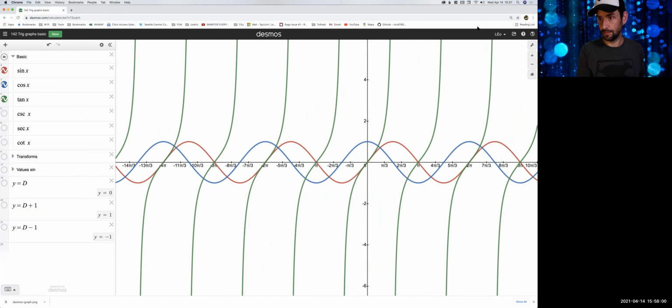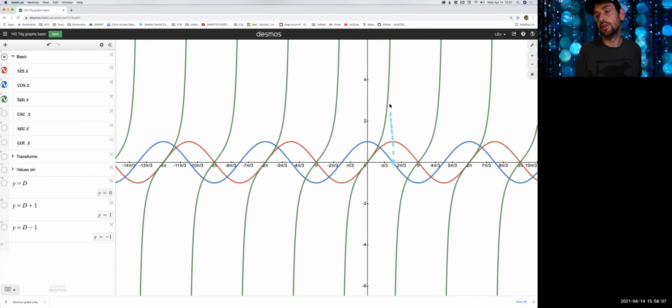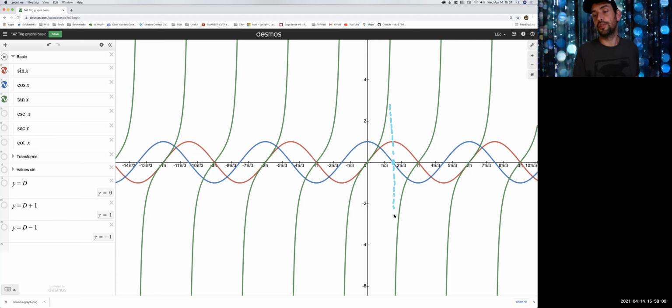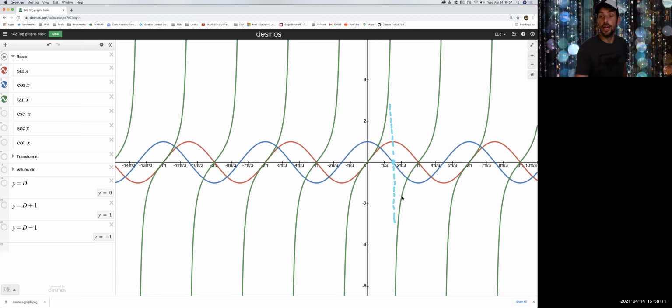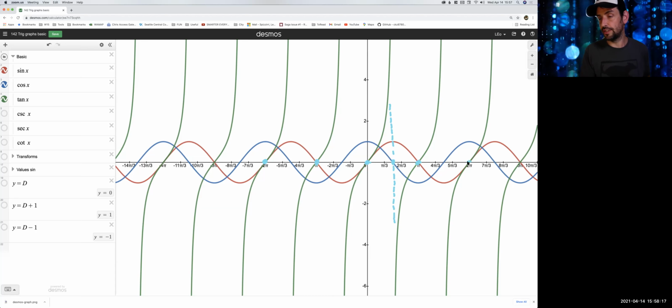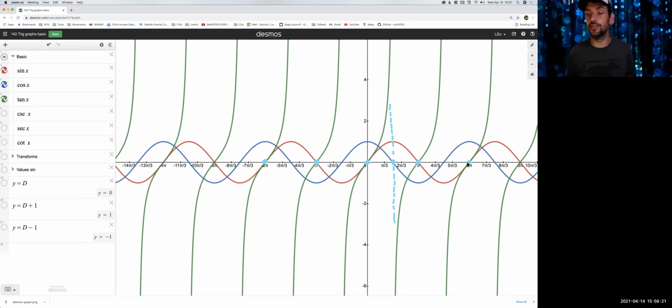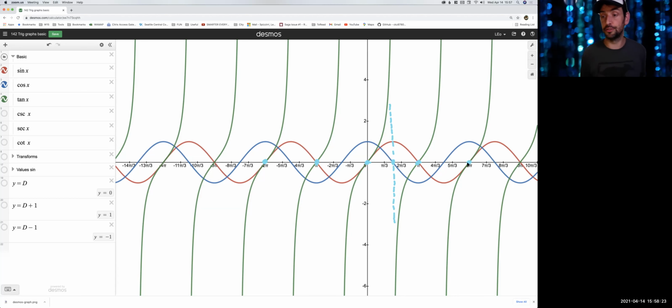Notice where cosine is 0, we appear to have an asymptote. I can't draw it perfectly. And where sine is 0, tangent is hitting 0. So wherever the red graph is 0, the green graph is going to be 0 as well.